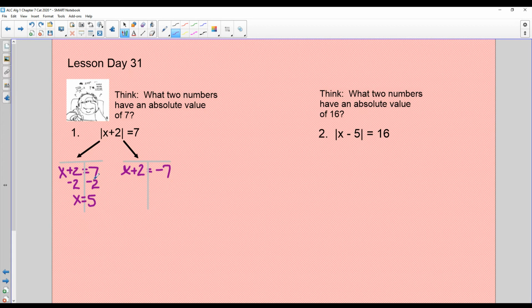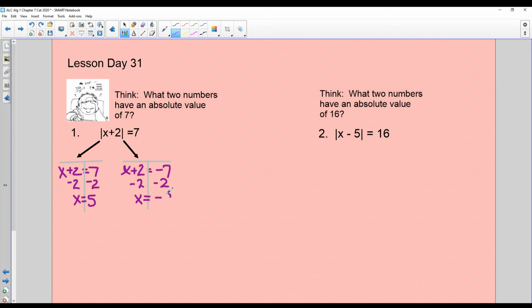Now, if you remember back from previous problems, it tended to be the answers were like 5 and -5. But that's not the case here. So if you do that, you won't get the right answer. You still have to undo +2. And the way you undo it is to subtract 2. You're left with an x here. But what is -7 minus 2?